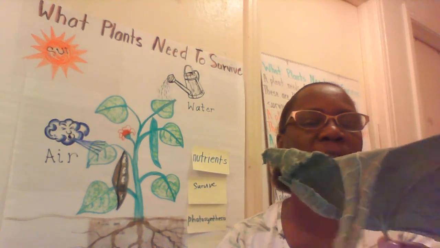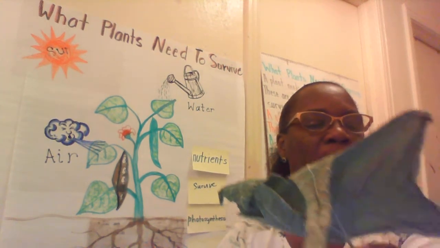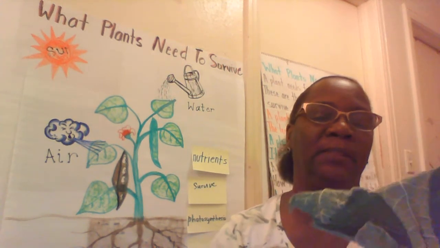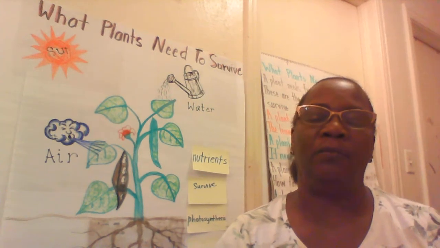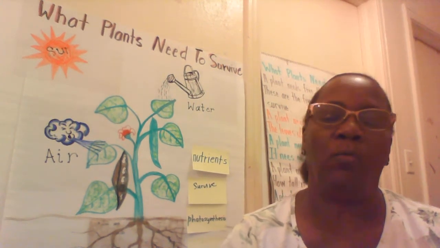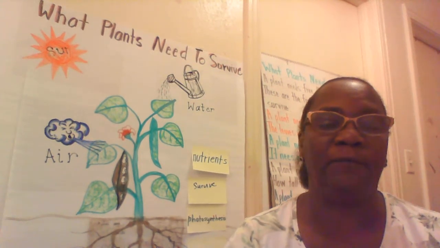And as you see, it's all wilted and dried up. This is what will happen if a plant doesn't get water. It will wilt, and then it would eventually die. So plants cannot live without water. We cannot live without water, and neither can the plants live without water.